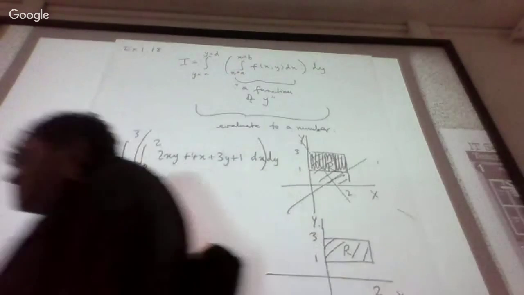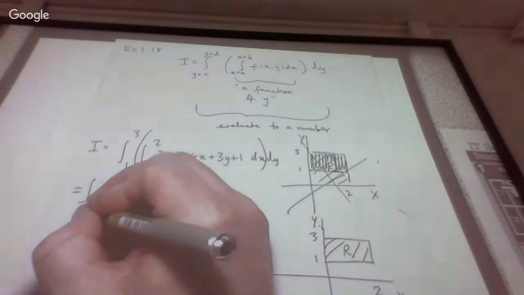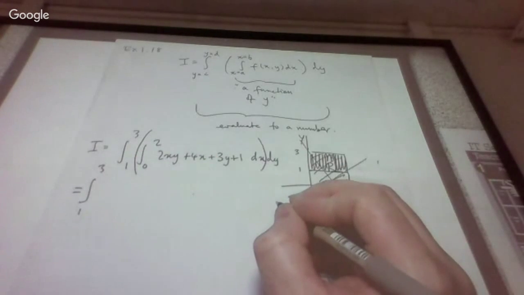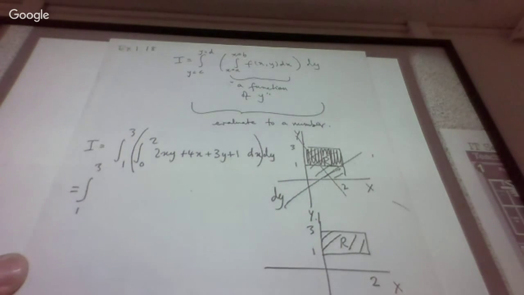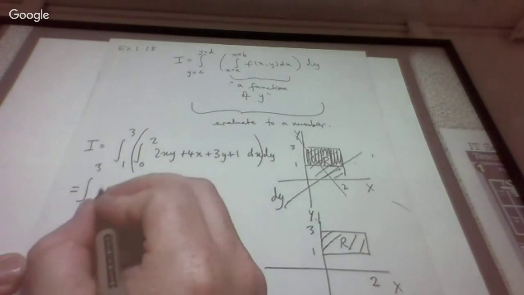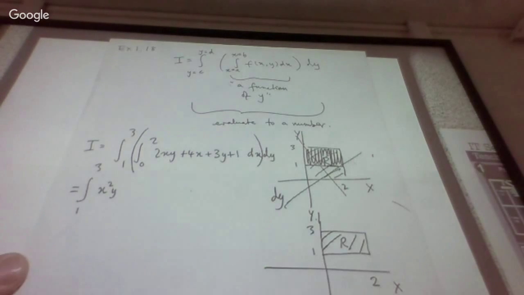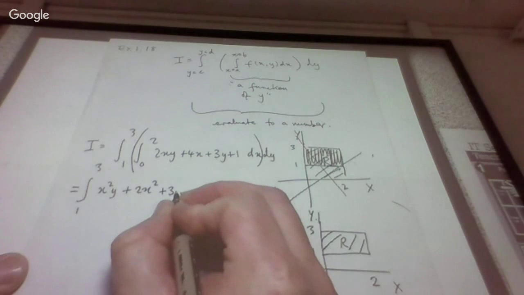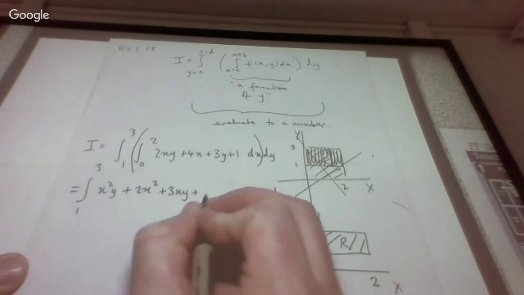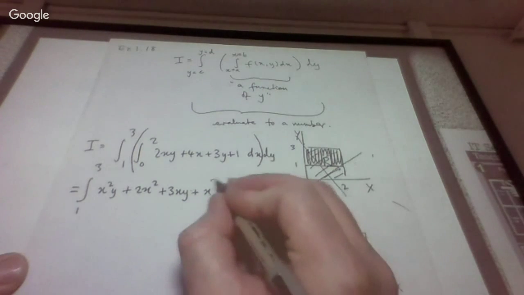So to evaluate this, then, the y integral operation is still there on the outside, integrating from 1 to 3 dy, but we're integrating the middle part with respect to x. So we treat the variable y as if it were a constant. Okay? So this becomes x squared y plus 2x squared plus 3xy plus x.